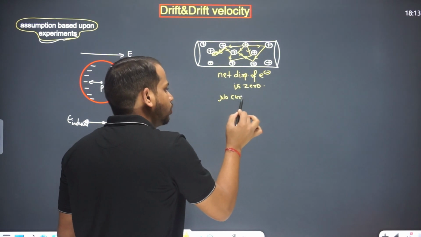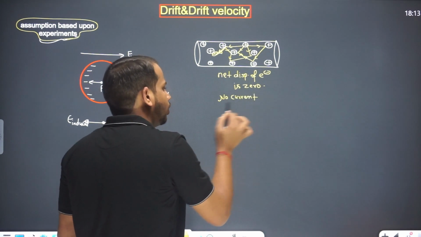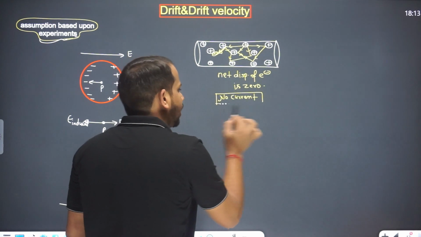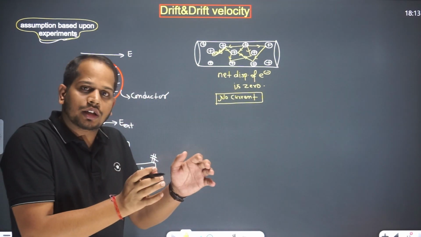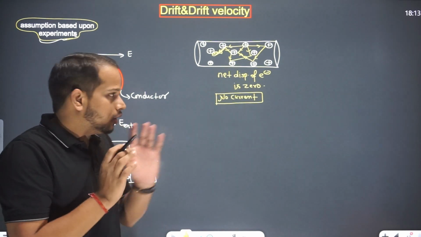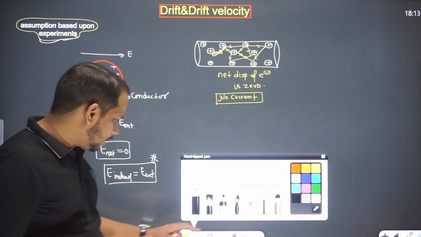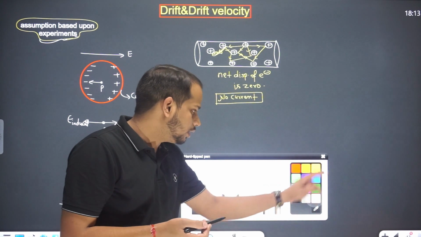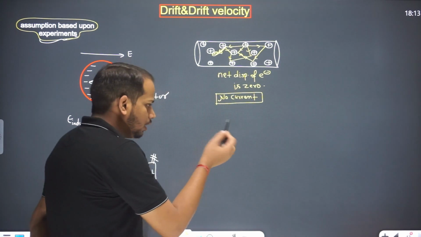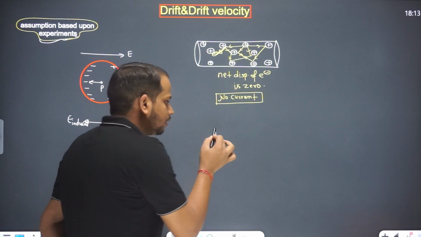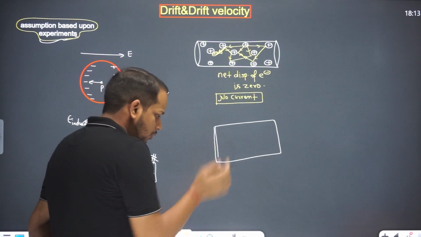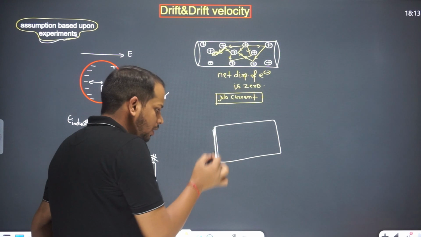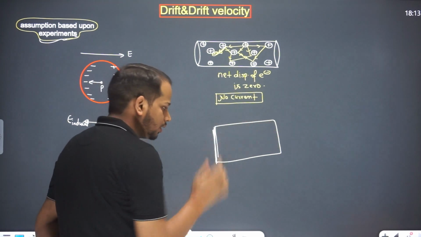There is no current, because we all know if charges are crossing from any cross-sectional area, then we say there is a current. Let me take a simple example. Let's assume this is your room, or our hall is here, right?